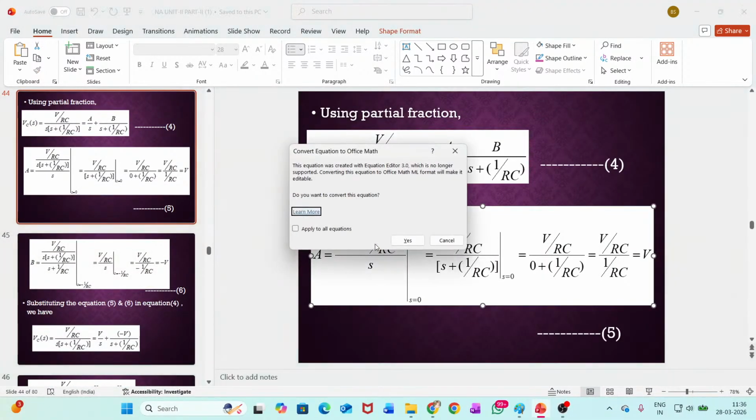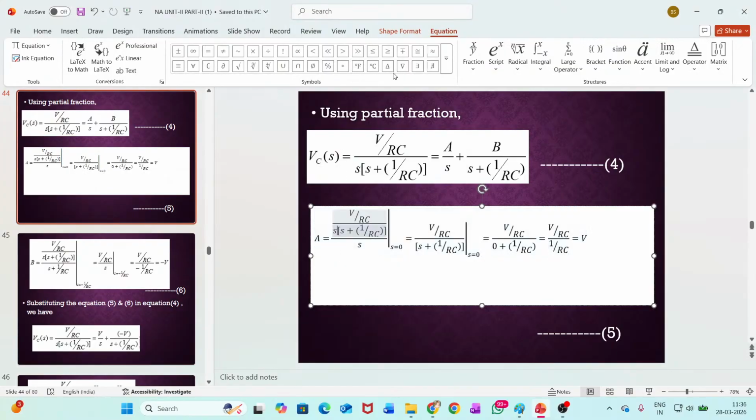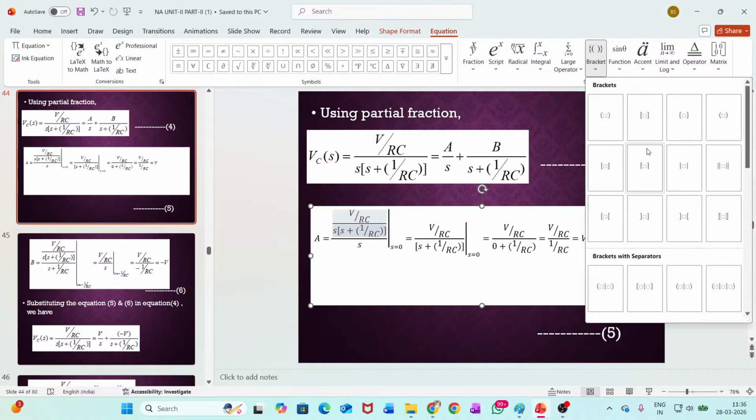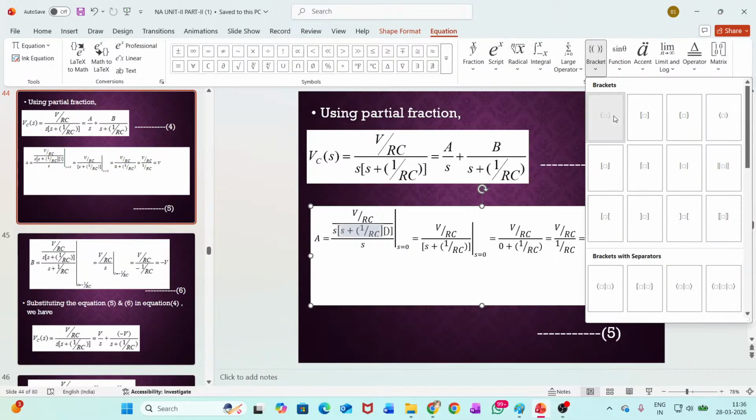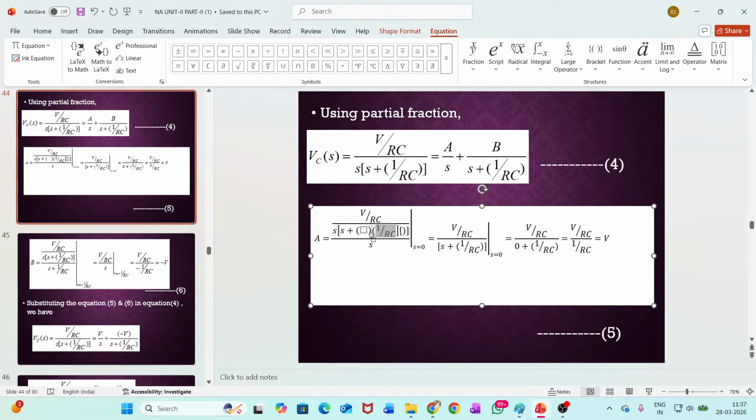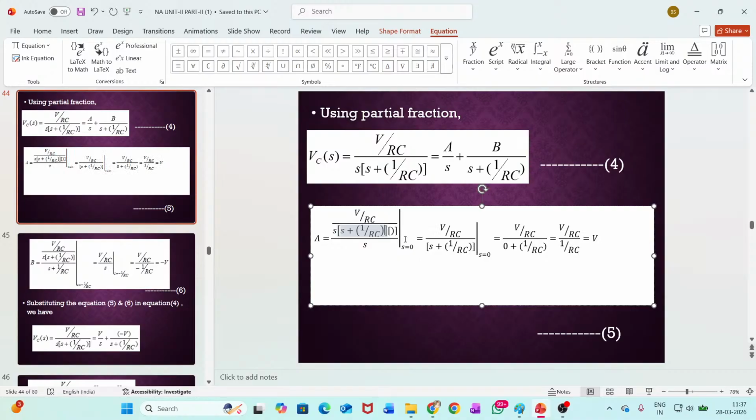See, brackets are not satisfactory, so I will just modify one bracket here, and I want to modify one more bracket. This is it. I have modified one bracket at least.